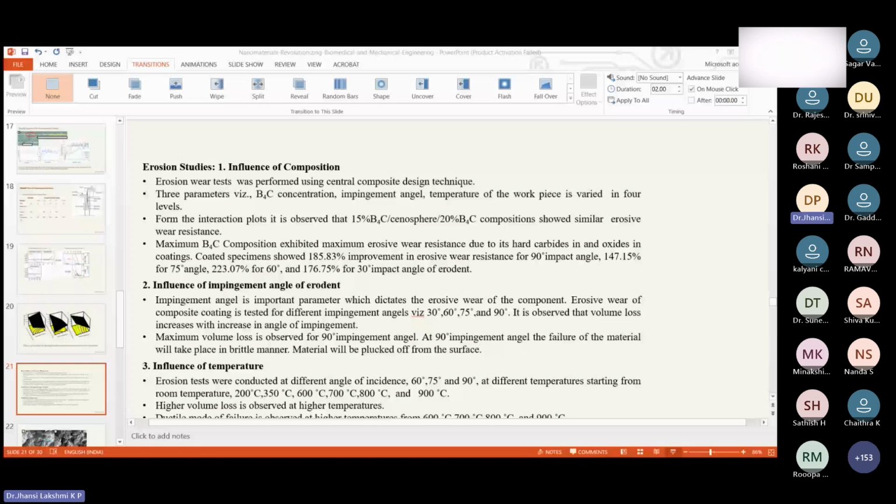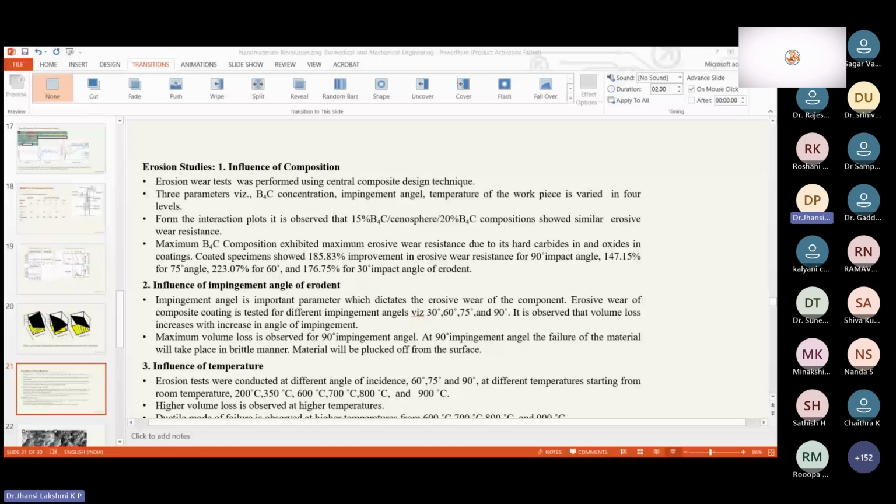Coming to the next studies, that is dry sliding wear studies. Here also the experiments were designed using the central composite design model with 4 parameters at 5 levels. All coating compositions showed better wear resistance than the substrate.